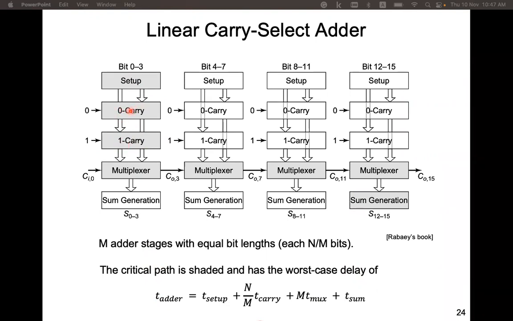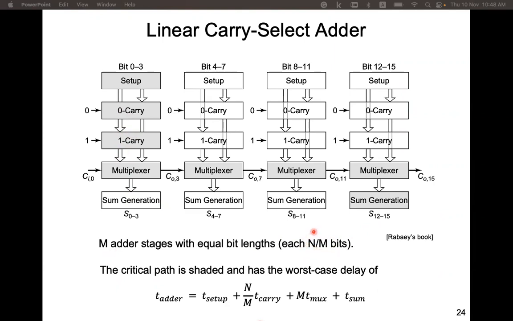There is only one of them, 0 carry or 1 carry, because they are in parallel. And the number of bits in each stage is n over m. In this notation, we have m stages, a total of n bits. So the number of bits in each stage is n over m.